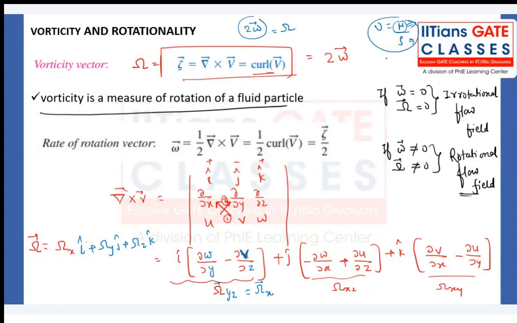Since these terms come frequently, mu by rho, they introduced one more term, kinematic viscosity. Similarly, in the equation 2 omega was coming all the time, so they replaced it by one term called vorticity, right?